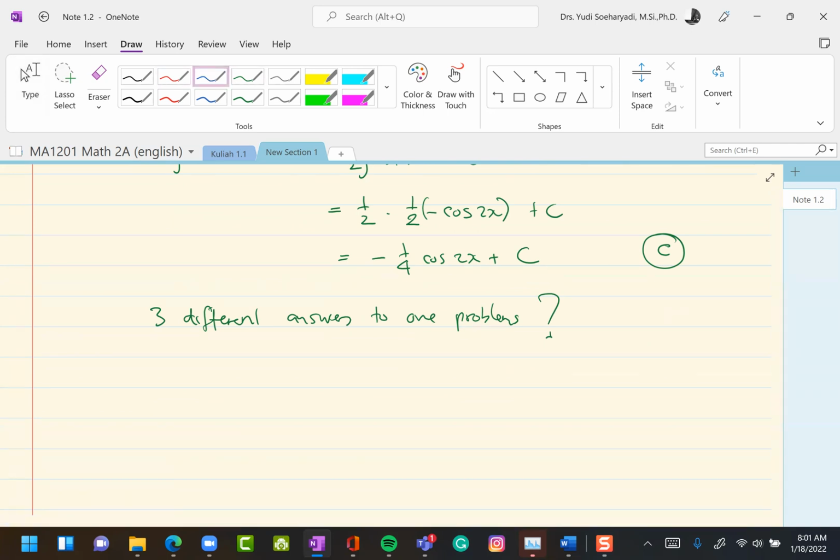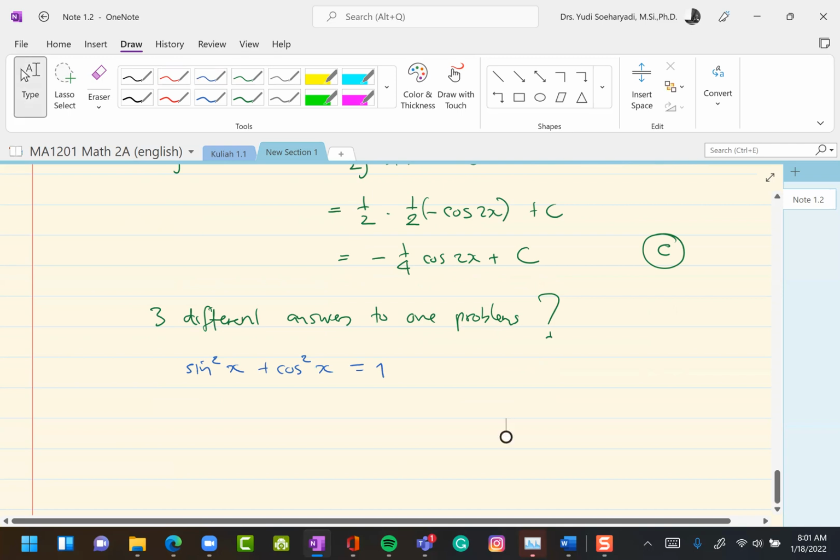Yes, we have this formula. So sine square x is 1 minus cosine square x.